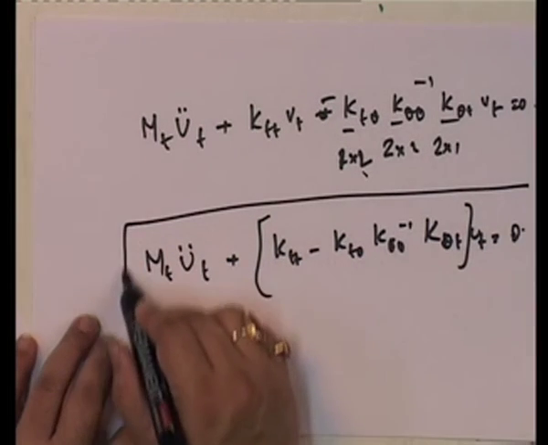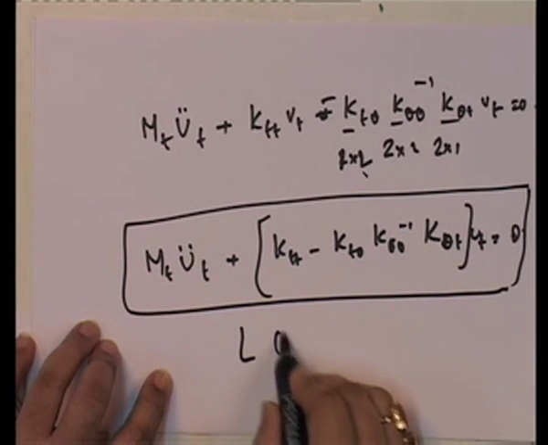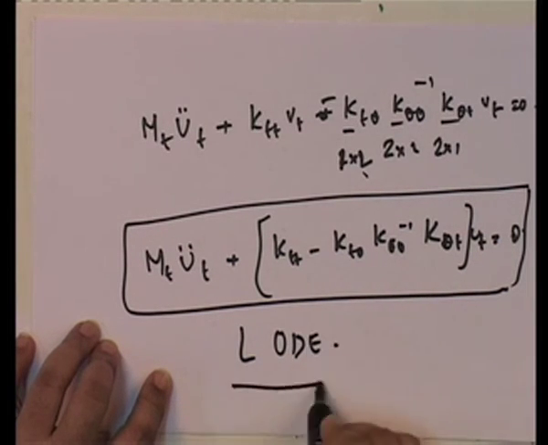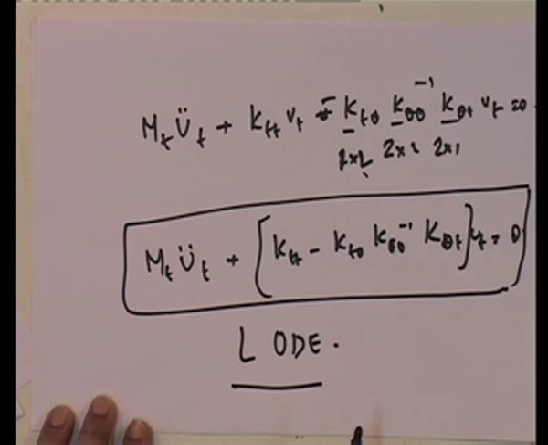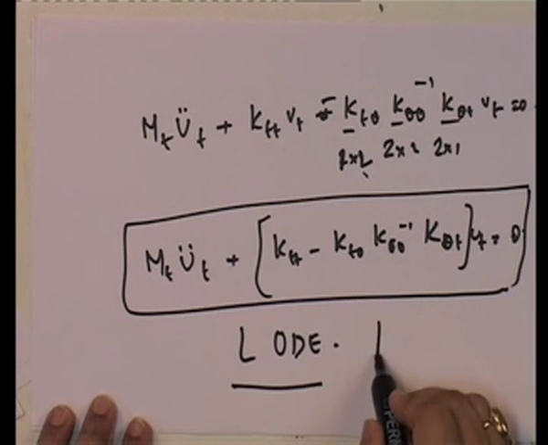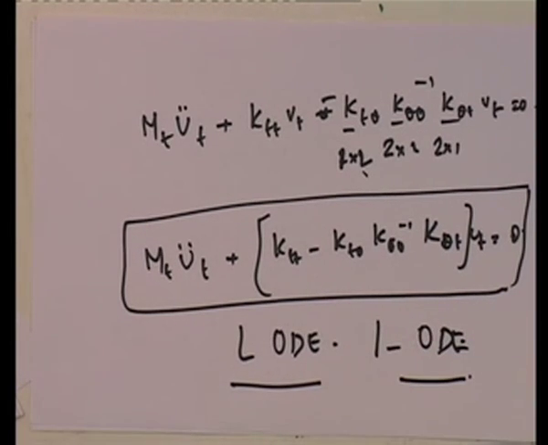This becomes the only equation which is a linear differential equation. So, essentially the dynamic problem is solved with only one ODE. So, for the purposes of the dynamic, you are solving a single degree of freedom, which becomes much easier, okay?